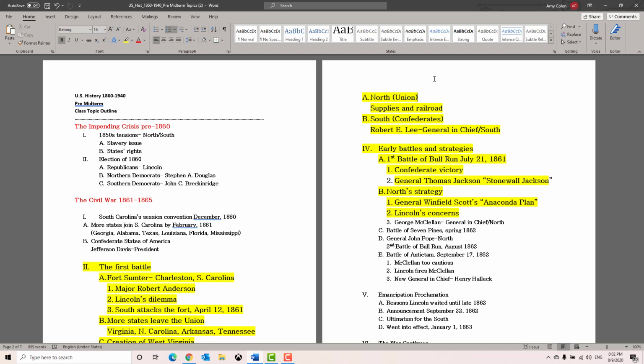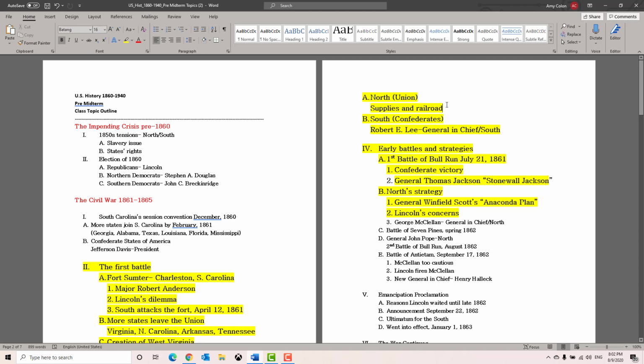To fight a war, you need more than bullets. You need more than guns. You need tents. You need clothing. You need shoes. There's a lot of supplies that you need to fight a war that aren't made in the South. And so that's a big advantage for the North, the supplies.